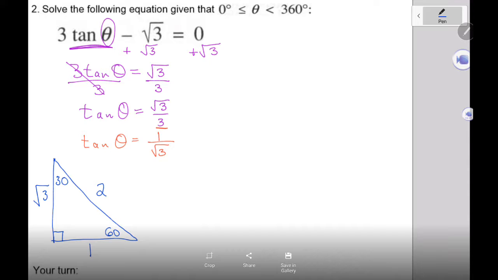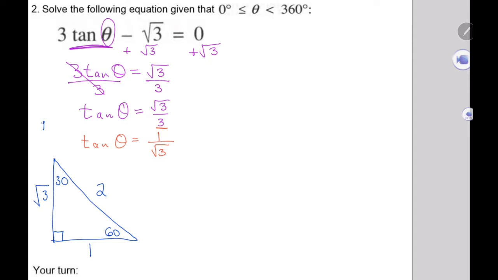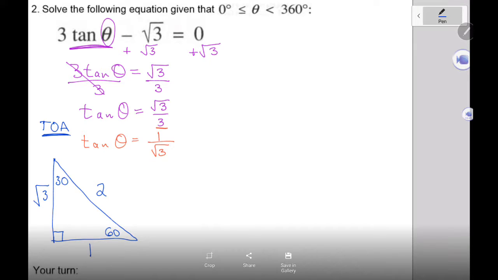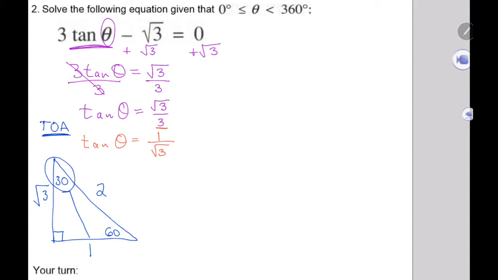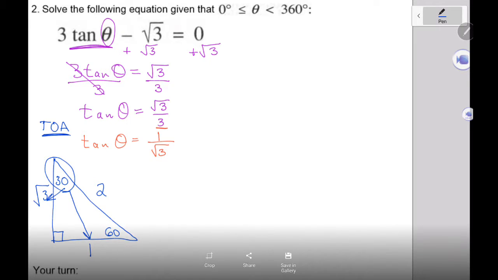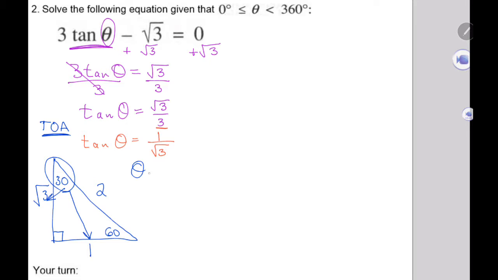If I think about SOHCAHTOA, I'm just thinking about TOA, the opposite over the adjacent. So what angle has 1 as the opposite and the adjacent square root of 3? Well, that would be this 30 here. The opposite is over here at 1, and the next door neighbor, the adjacent, is over here at square root of 3. So what I say here is that we're thinking about theta as being 30 degrees here.